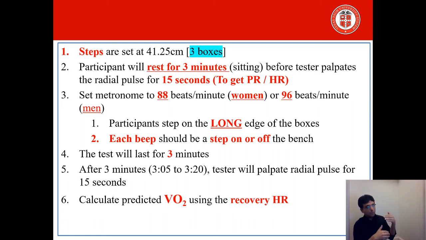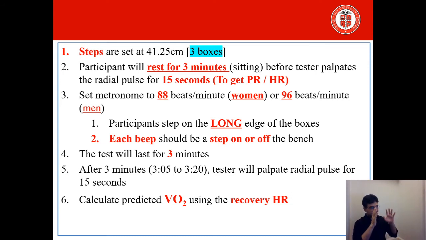It will provide a frequency at which the person is going to climb up and down the steps. We have different metronome values for males and females. If you are a female, make her step at 88 beats per minute, and if you're a male, you have to do it a bit faster, which is 96 beats per minute.